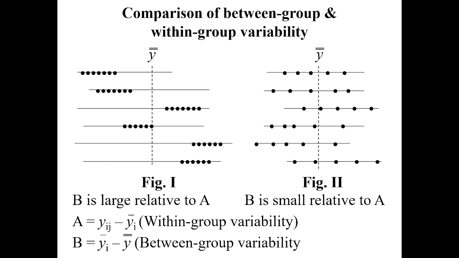But in figure 2, the within group variability itself is very large, so between group variability appears not to be very large relative to within group variability.